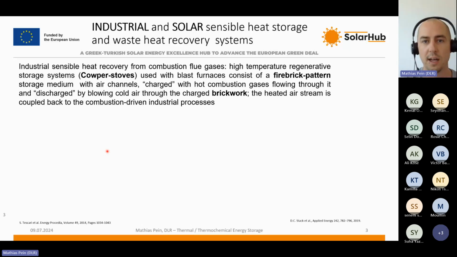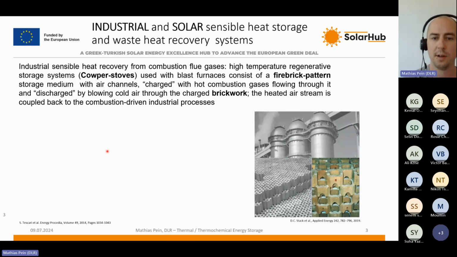And the hot flue gases can be led through a sensible heat storage, so-called Cowper stoves, which are essentially like fire bricks, which you can see here. So you basically have these bricks that come with flowable channels, so gases are able to pass through these. You can basically stack them.